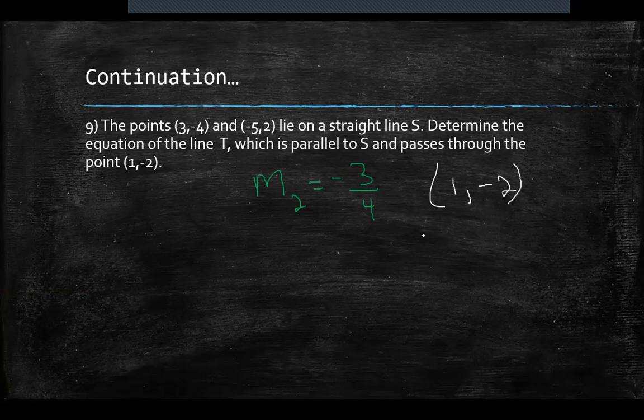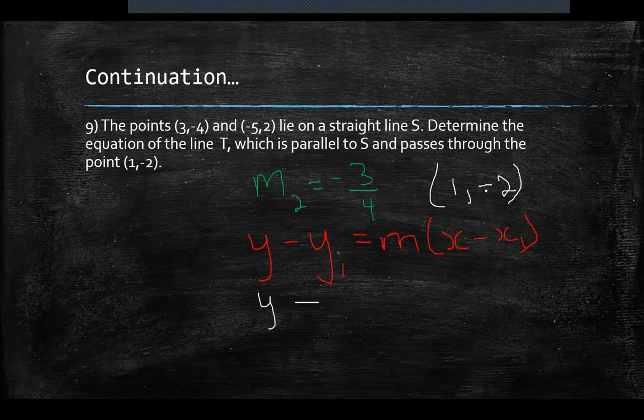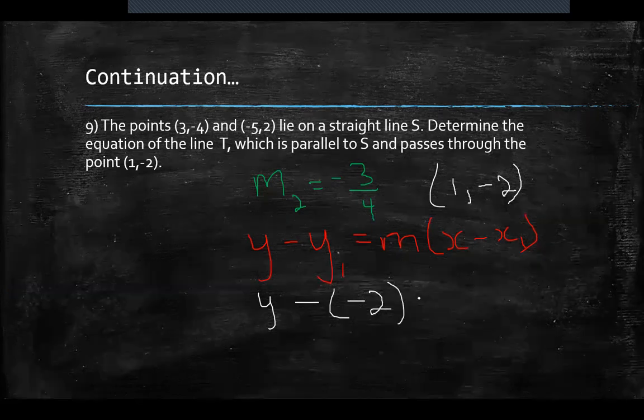We know that given a point and a gradient, we could find the equation of a line using 2 methods, but most of you prefer the first one, so that's what we're doing. y minus y1, my y1 is -2, so y plus 2. M, which is the gradient, is -3/4.